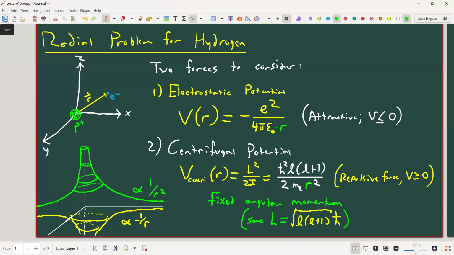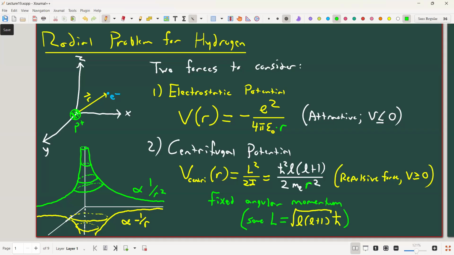But there's an equivalent force because of the angular motion at some fixed amount of angular momentum. You have this centrifugal force that's pulling the electron away from the center. And that centrifugal potential goes as 1/r². So at close distances, the centrifugal potential dominates, right? And this is why the electron doesn't get sucked in to the proton.